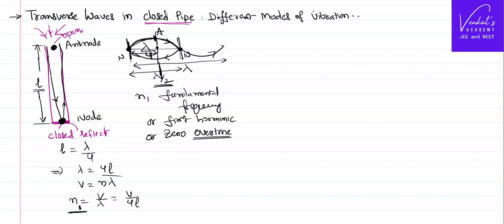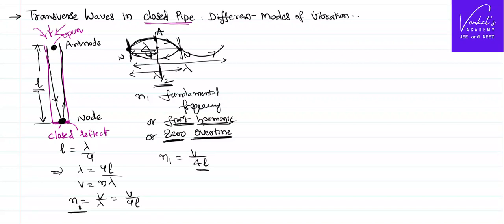Overtone is an exaggerated way of expressing harmonic. As you have exaggerated the term, you have to reduce the number from the harmonic number. If you want to say it in an exaggerated way, say it, but reduce the number to compensate for its effect. So the first harmonic is the same as the zero overtone, whose frequency is V by 4L.